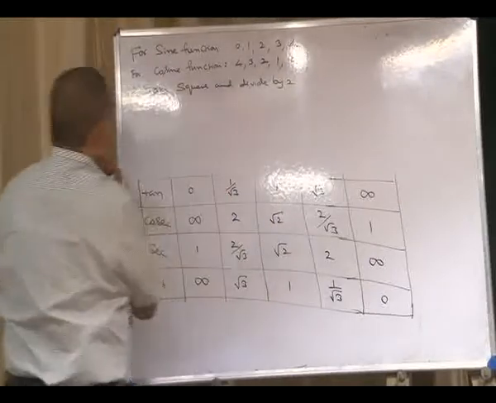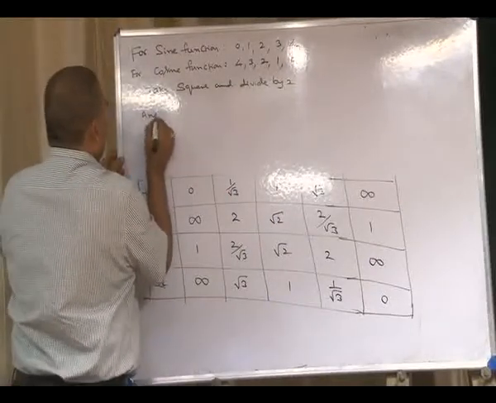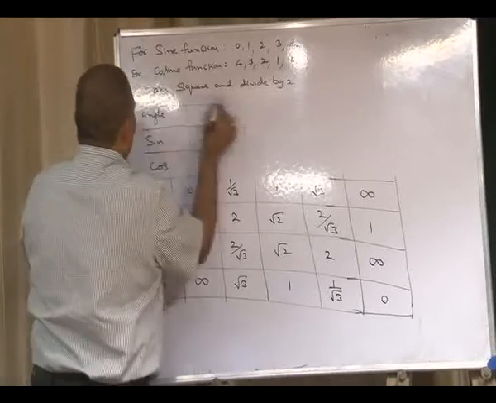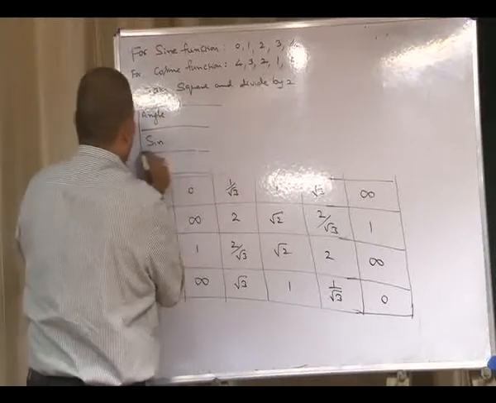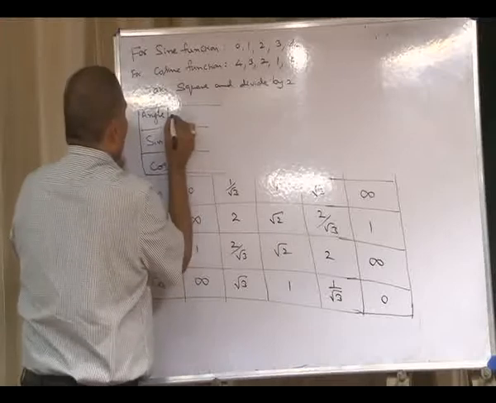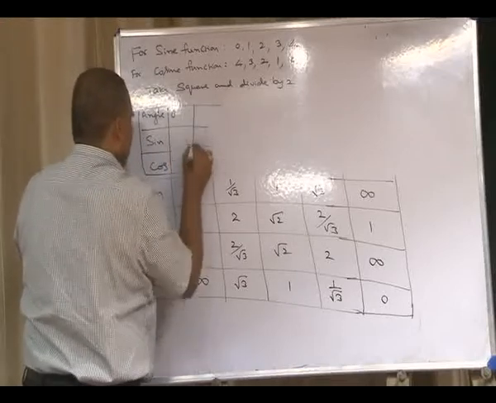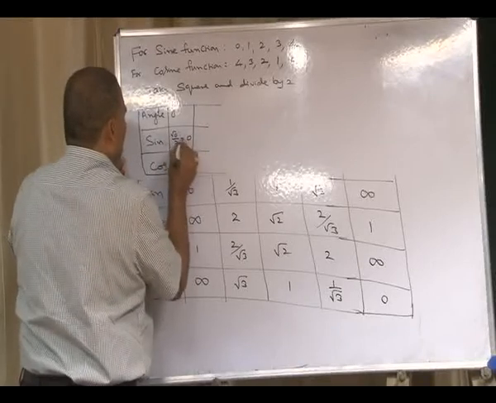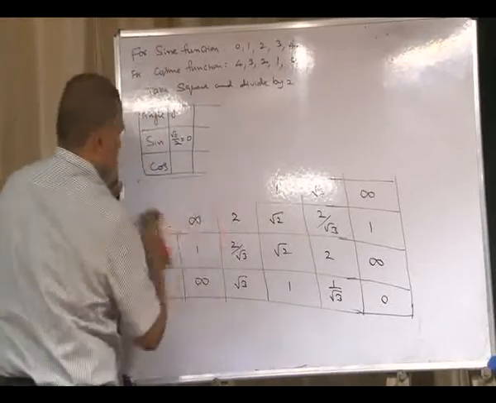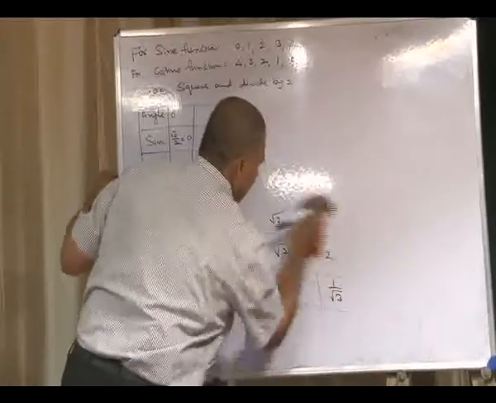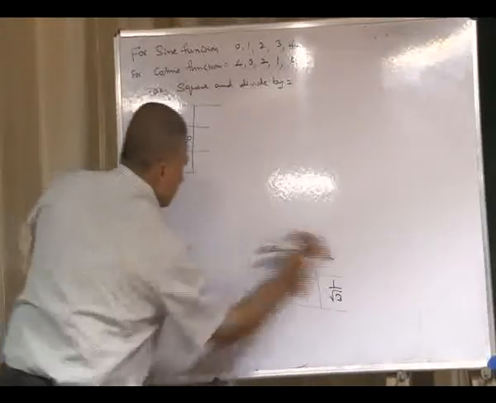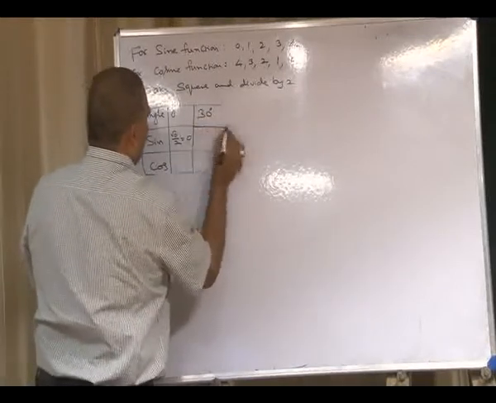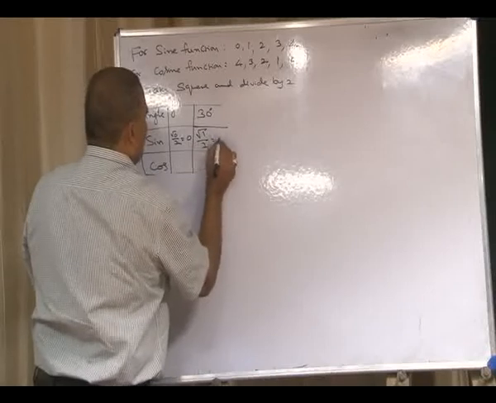Here, angle, sine, cos. For 0 degree, that is root 0 by 2, that is equal to 0. For 30 degree, root 1 by 2, that is equal to 1 by 2.